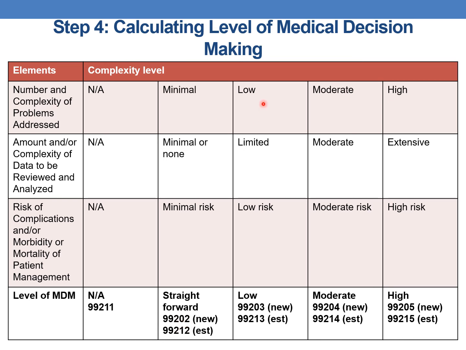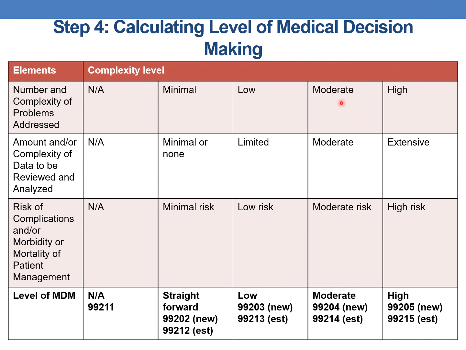Next is low complexity based on number and complexity of problems addressed, limited amount of data reviewed, and low risk of morbidity and mortality. All these three lead to low MDM, which is given by 99203 and 99213. 203 for new patient and 213 for established patient. Here we are taking the examples of outpatient services, OP services.